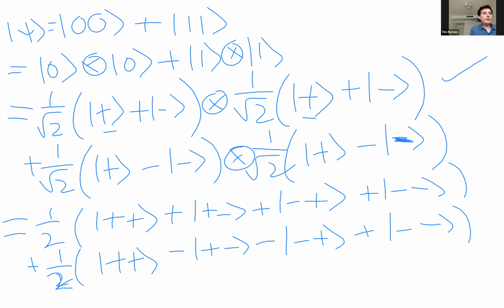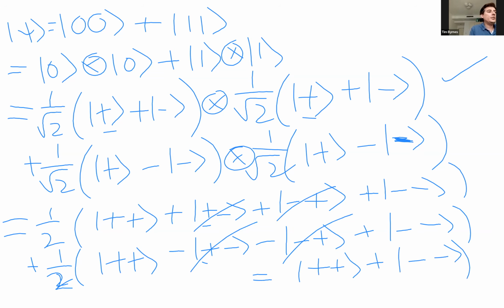Now we've got several terms which are similar. Because this has a plus sign and this has a minus sign, these ones will actually cancel. These ones also will cancel. And what you'll end up with is just the state which is plus plus, plus minus minus.